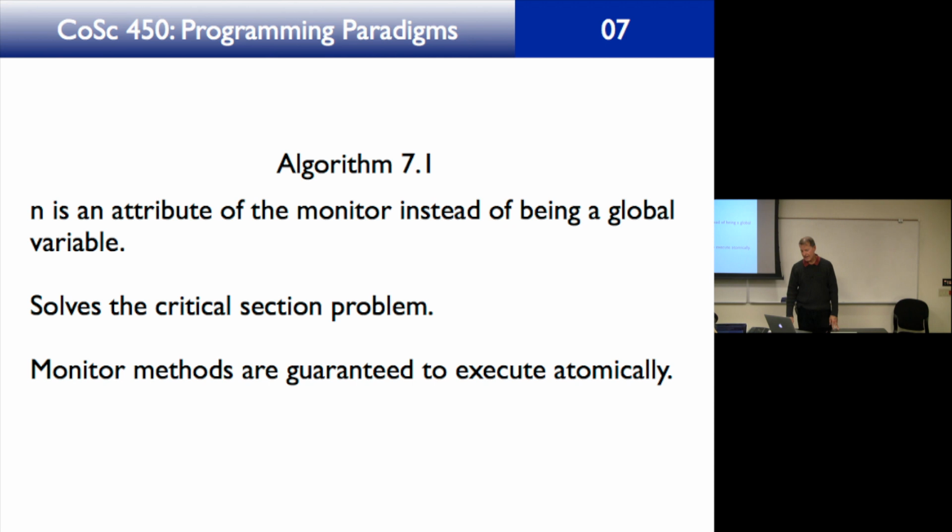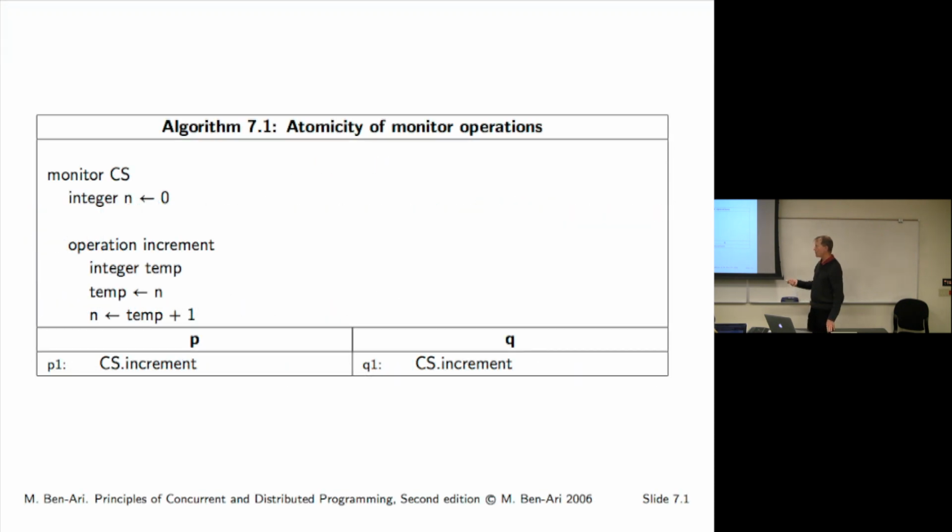And then we looked at algorithm 7.1, which is how you would program our problem, where we use temp gets n, n gets temp plus 1, with a monitor. What you do is you just make increment a method. And it's guaranteed to be atomic because it's a method in a monitor.